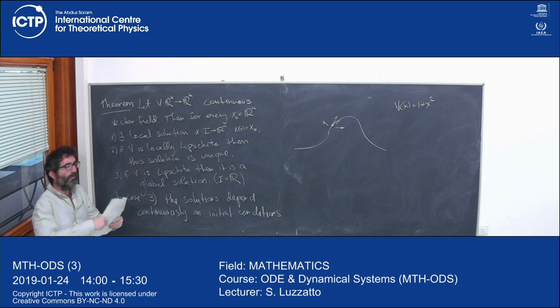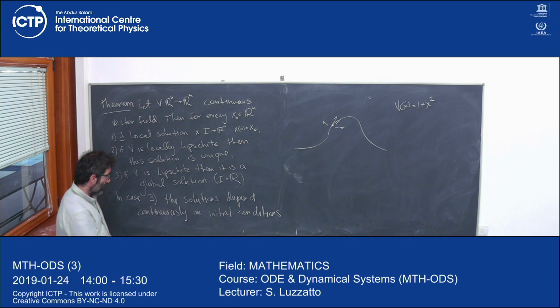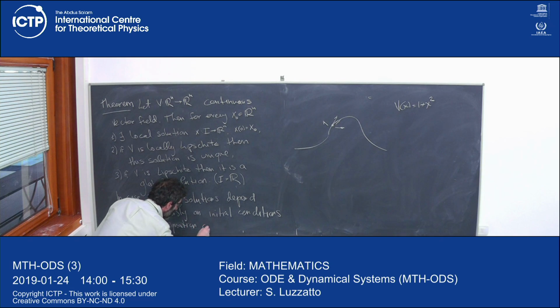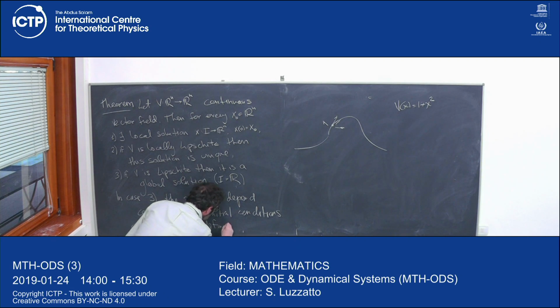You have a continuous time dynamical system, because for every point you can define f of t to be the image of that point at time t, so you get a flow. The equation defines a flow.